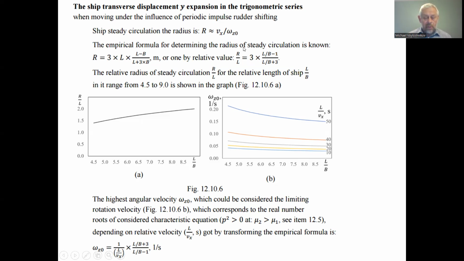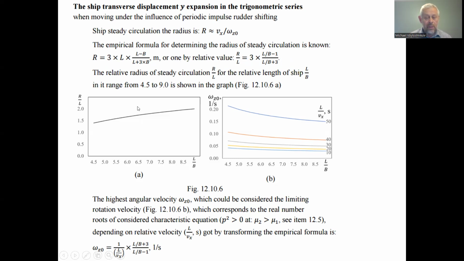The empirical formula we have for determining the radius of steady circulation is 3 multiplied by ship length, multiplied by length minus breadth divided by length plus 3 breadth. Or by the relative value of the same, if we divide both sides by ship length, the relative radius of circulation is like this formula.